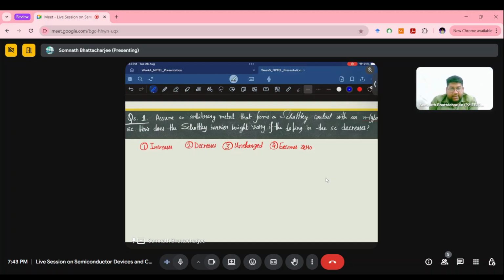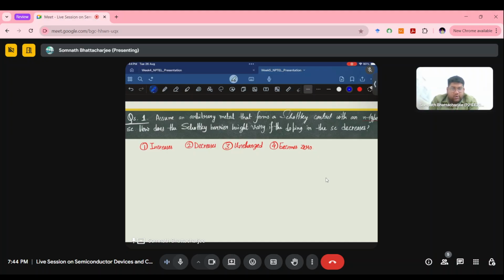So the question is that we have a metal semiconductor junction, that is a Schottky contact. If we are decreasing the semiconductor doping, what is the shift in the Schottky barrier height?